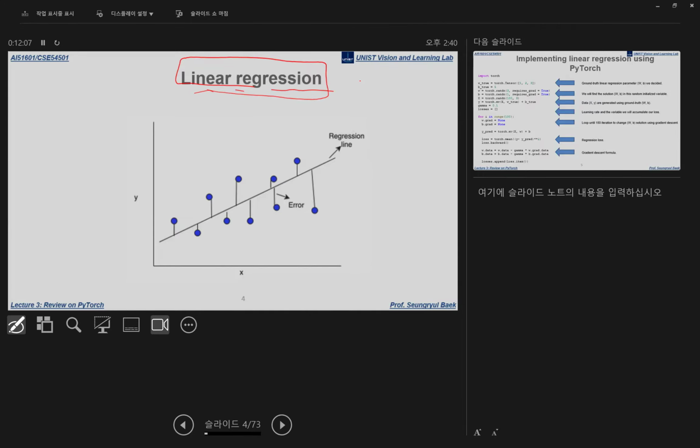Linear regression is the simplest form of machine learning algorithm, which uses just a linear equation to map the input x towards the output y. This is the input x space, and this is the output y space. We are given 10 data points.